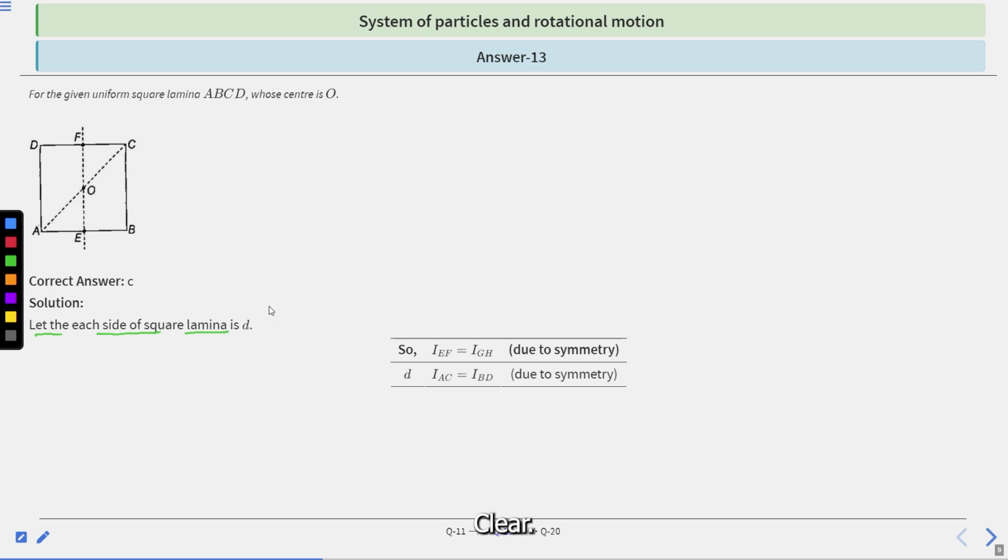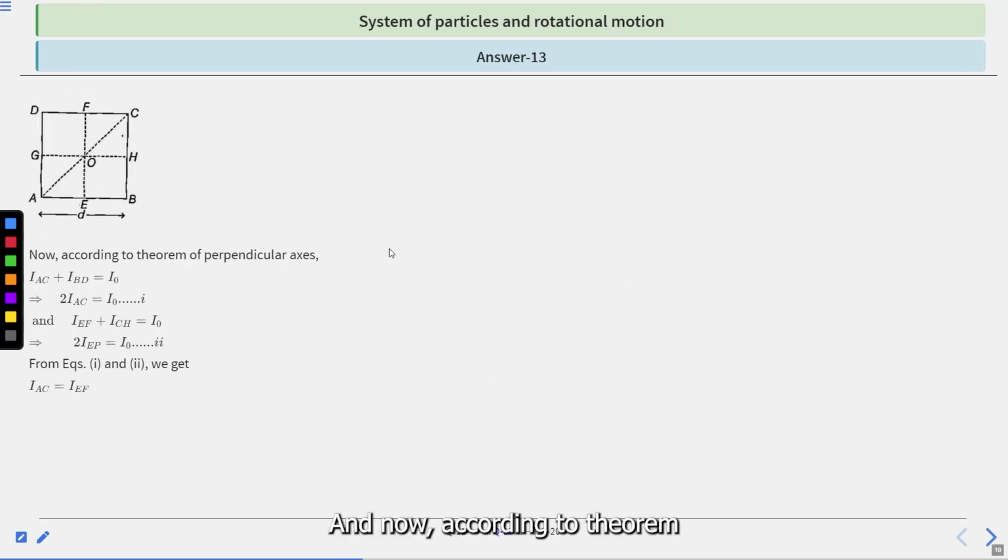And IAC is equal to IBD due to symmetry. Now, according to the theorem of perpendicular axis, IAC plus IBD is equal to I naught. So 2 IAC is equal to I naught. Let this be equation first.